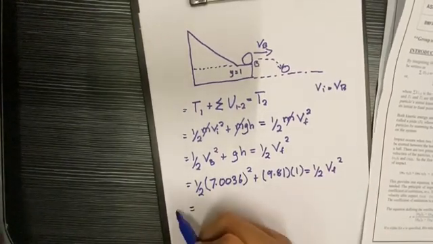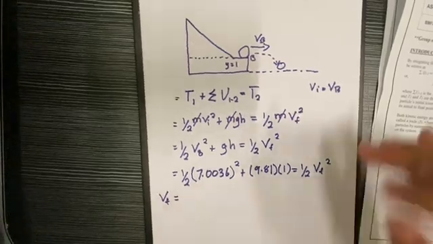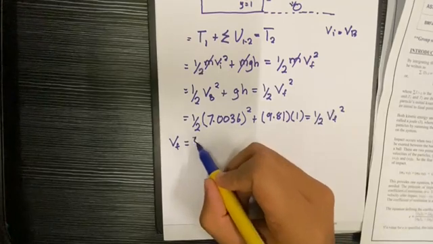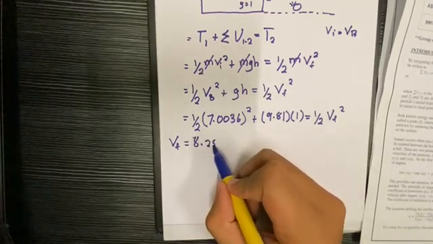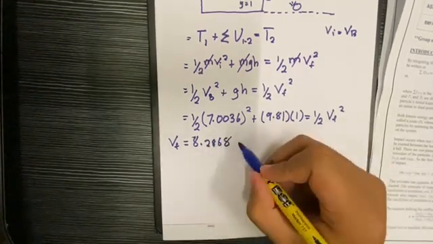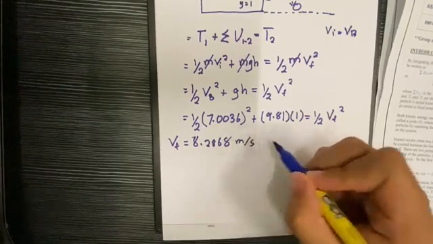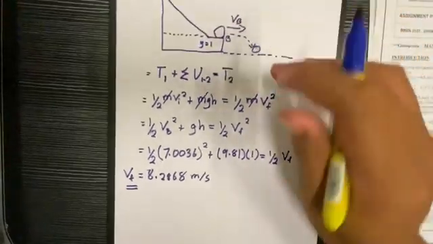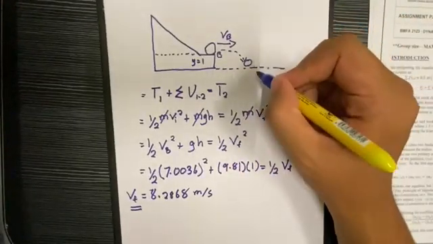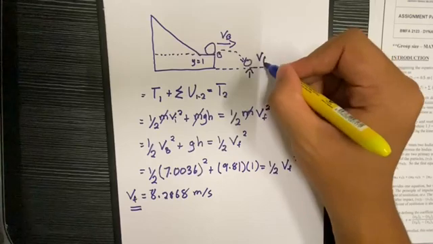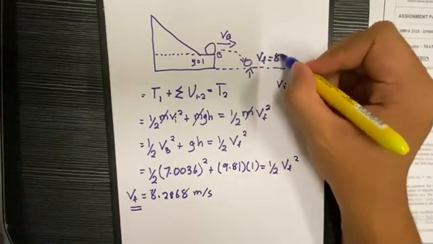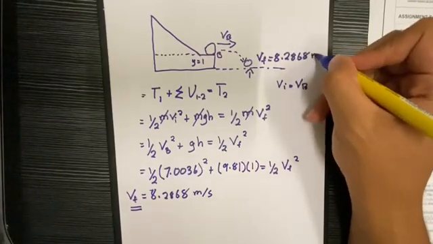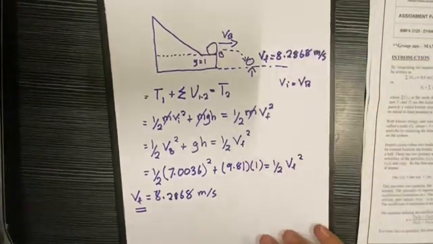Therefore we can calculate V final. So V final is 8.2868 meters per second. This is the final velocity of the ball when it reaches the ground, 8.2868 meters per second. So that's all for me.